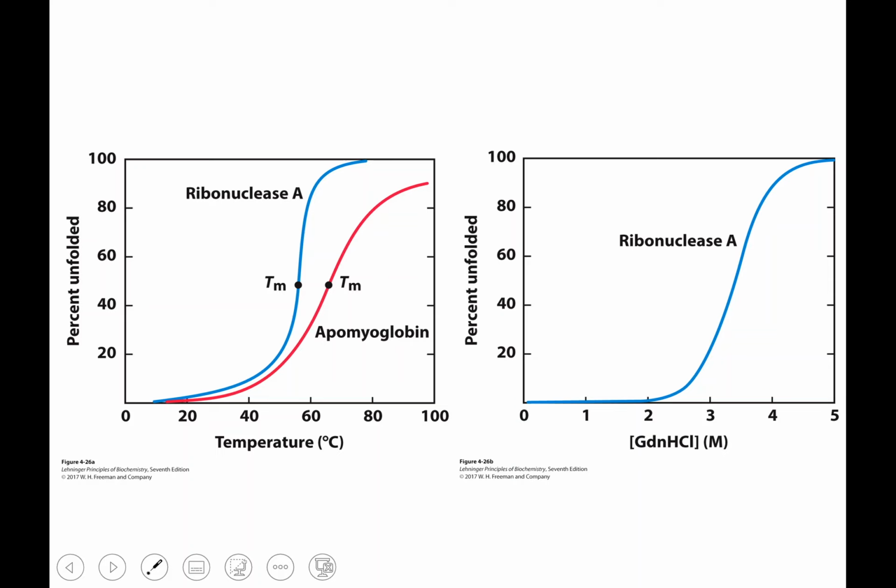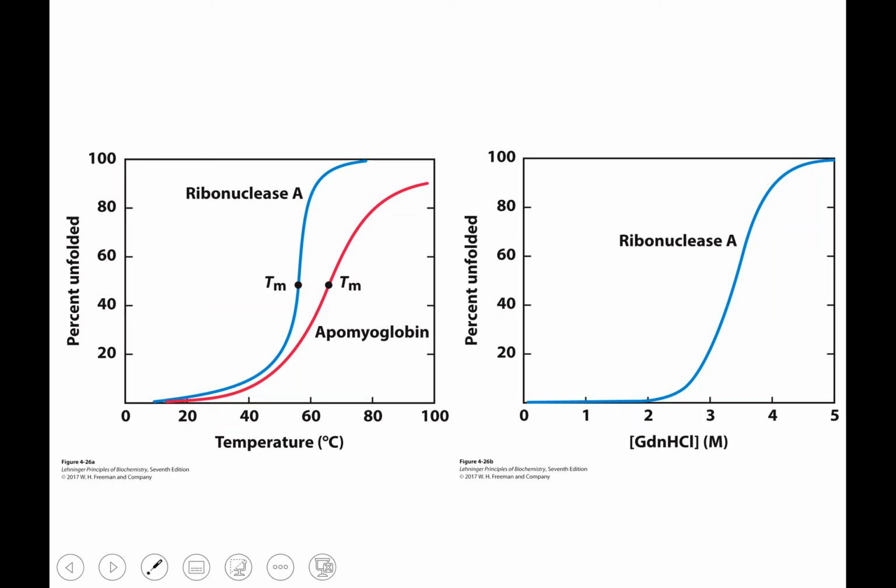If we look at denaturation, okay, we mentioned there are four ways that proteins can denature. Okay, one is temperature. There was pH. There was salt concentrations.